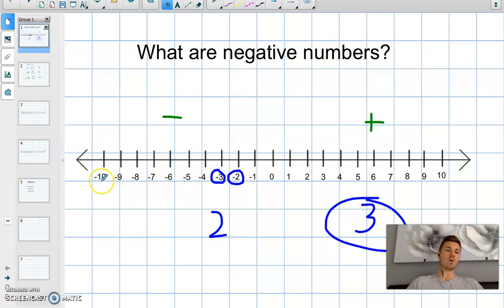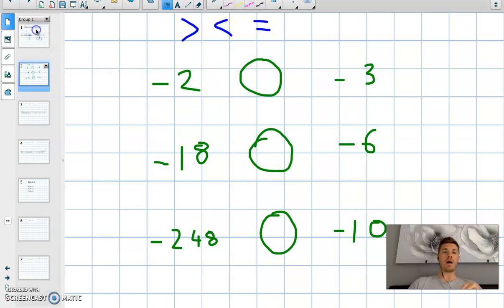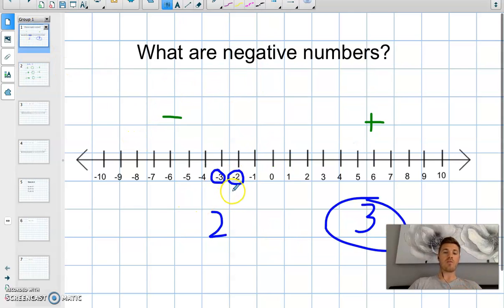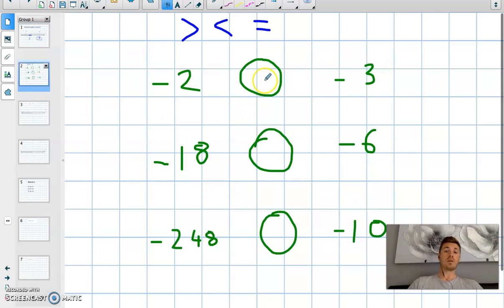So although these numbers, if they were on the positive side, are actually larger, in this case, when you go into negative numbers, they're actually getting smaller. So we know that -3 is further down the line below 0 and is actually smaller than -2. So I'd put the greater than sign, the crocodile eating the -3, because -2 is greater than -3.